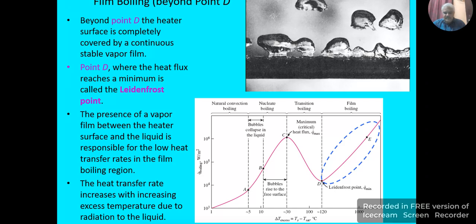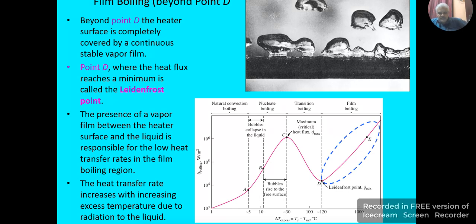The critical heat flux point is also called the boiling crisis, because the process beyond that point is unstable. Then the point E is reached here.